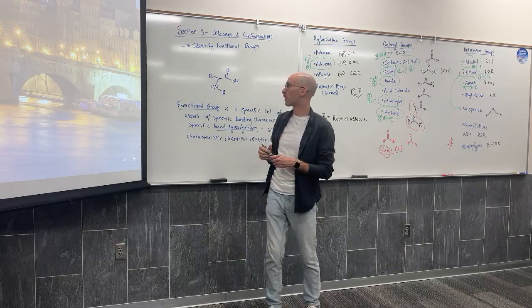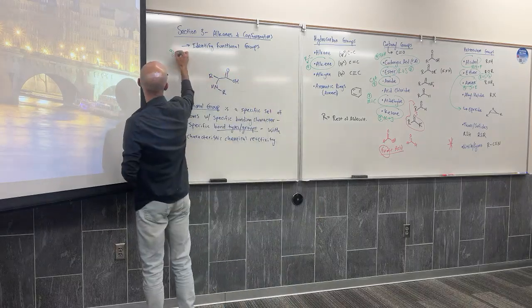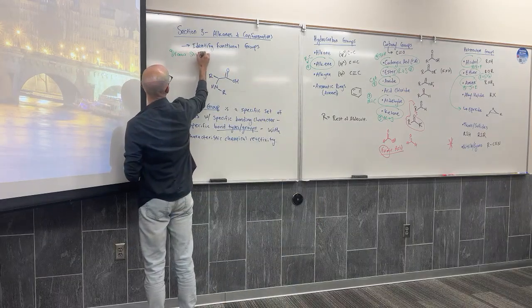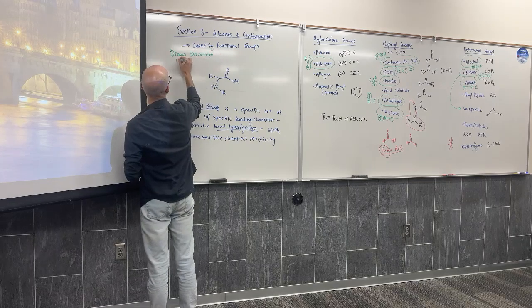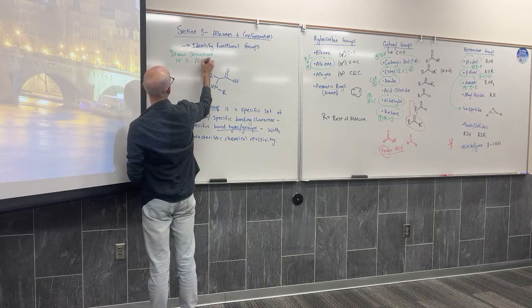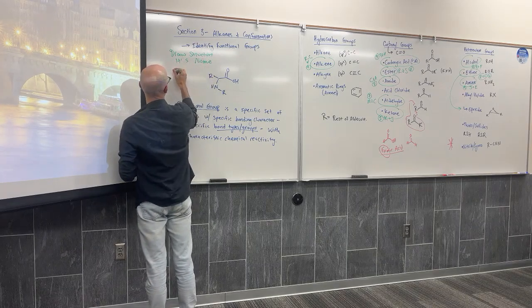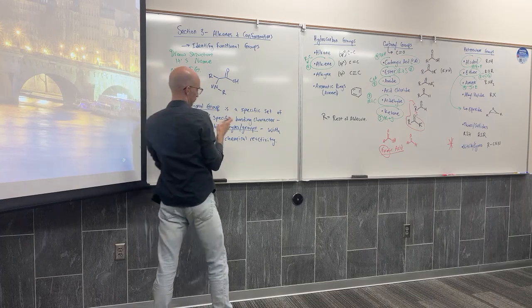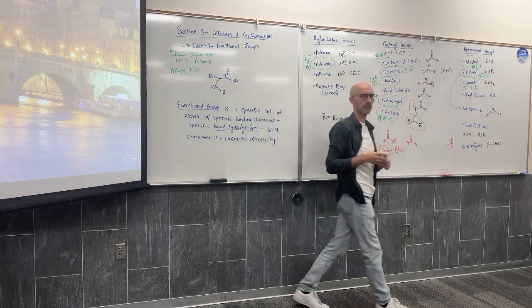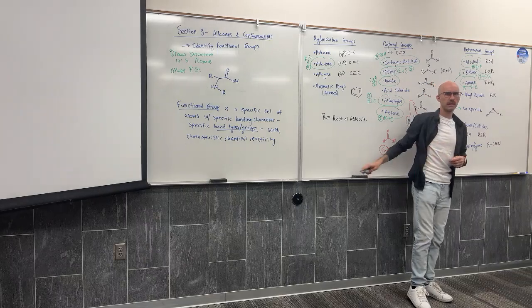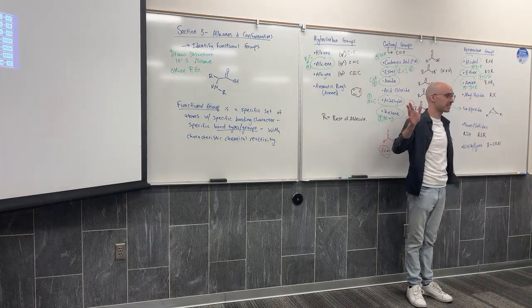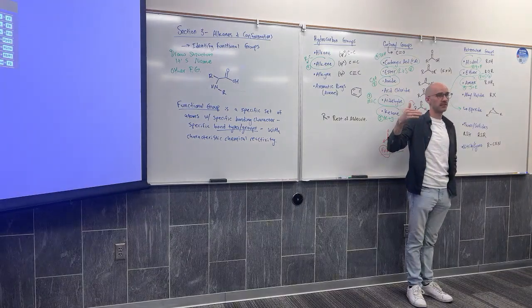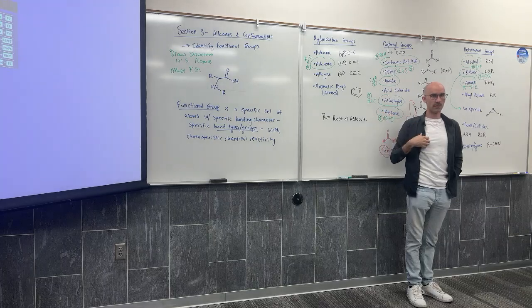So you'll be bringing to the board the structure, its name, and its other functional groups. Deal? All right. Let's spend the next 5 minutes finding a molecule, and then I'll have you guys come up and share a little bit about them.